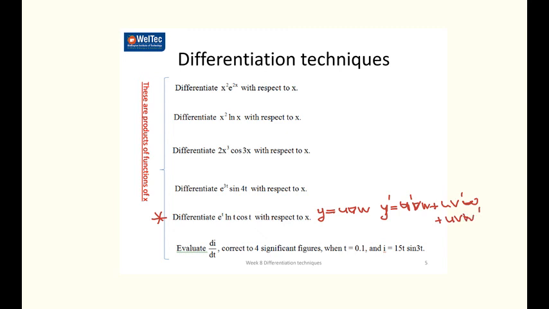So it's no different from the others. You just start off by saying let u equal e to the t and v equals natural log t and w equals cos t. And then you just need to find u dash, v dash and w dash and put it into the rule.